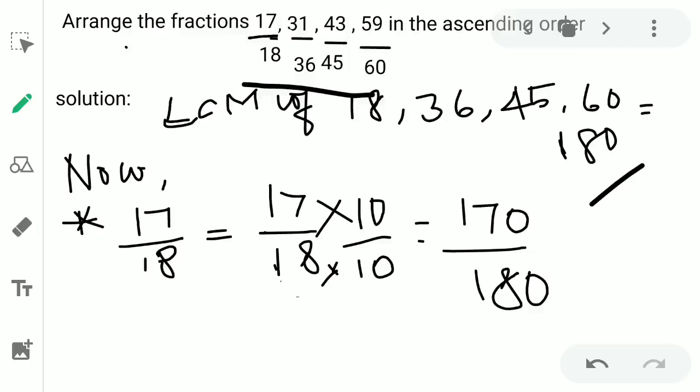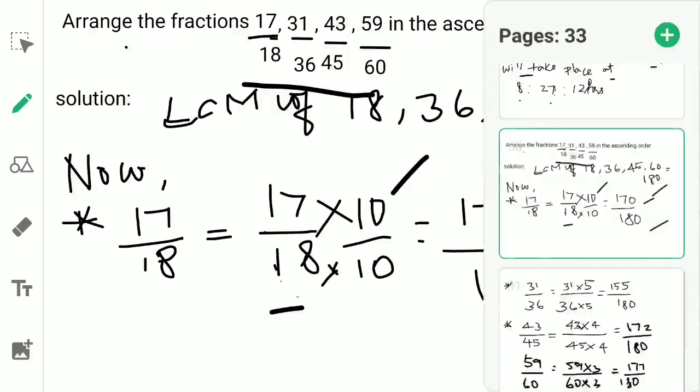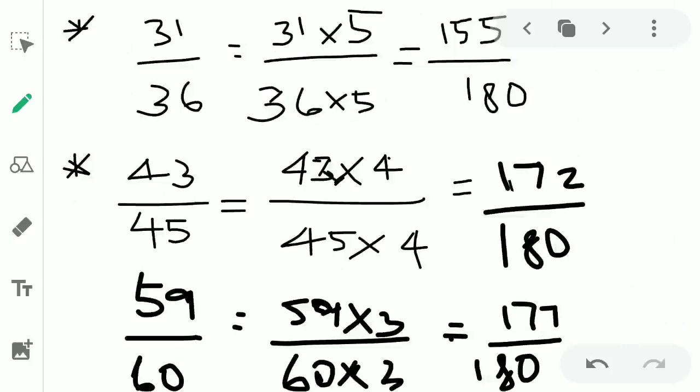So the required numbers are 17 into 10 divided by 18 into 10, you will get 170 by 180. When I take 31 by 36, you have to multiply by 5 and 5, since the denominator should be 180 in all the cases. That gives 155 by 180.